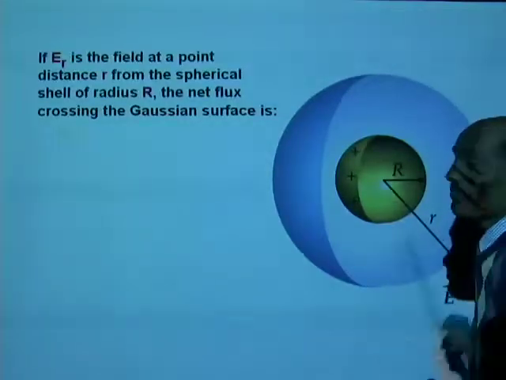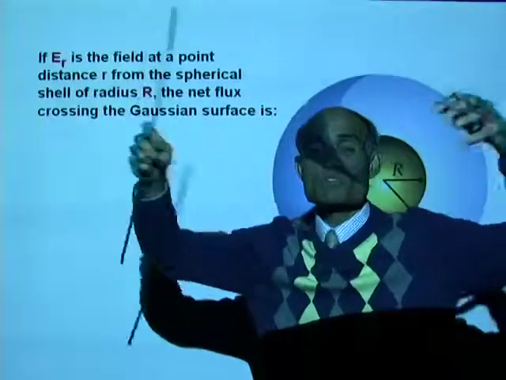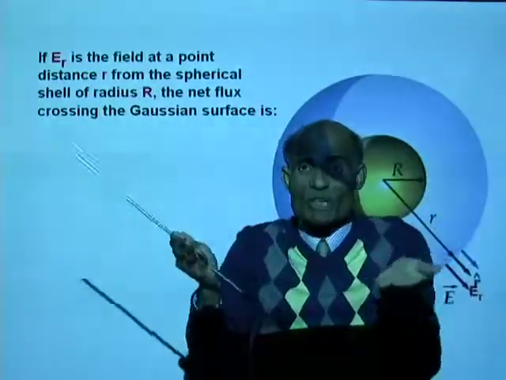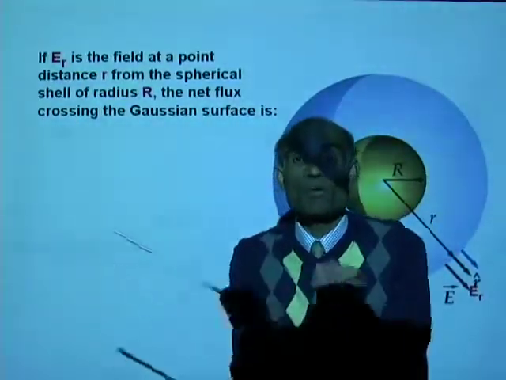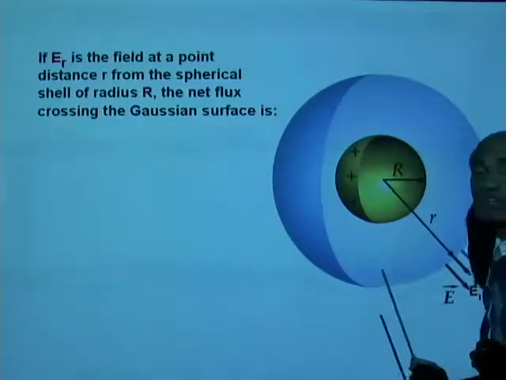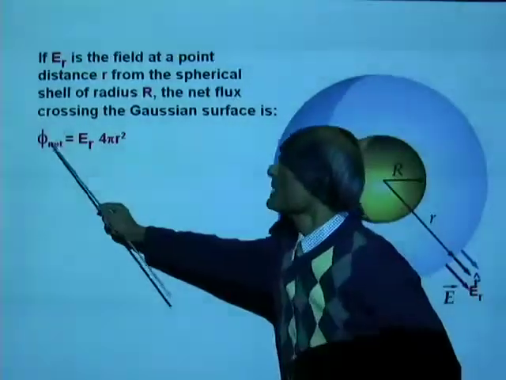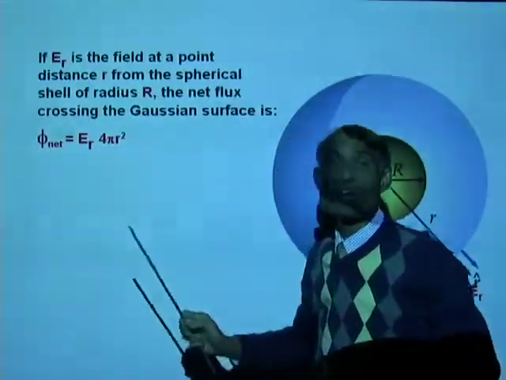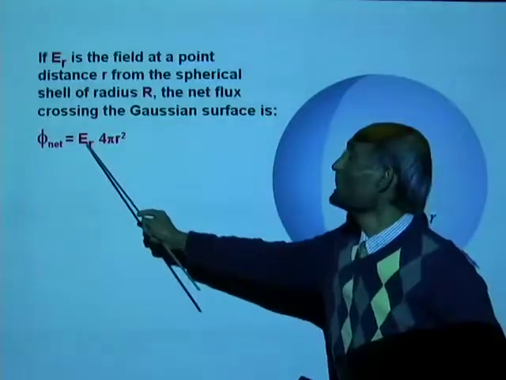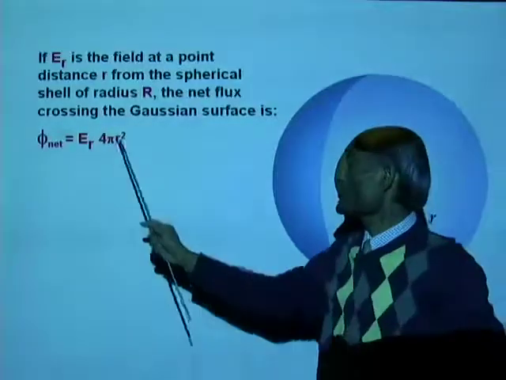So the net flux, the total flux crossing the Gaussian surface, will be the total area, which is 4 pi r squared, multiplied by E sub r, which is flux per unit area. So the net flux crossing the Gaussian surface will be E multiplied by the area of the Gaussian surface, 4 pi r squared.